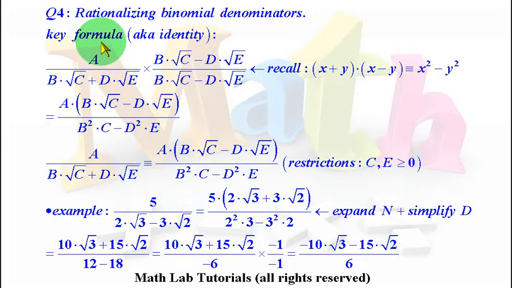Here's the key formula for this problem set to follow, aka identity. And we actually developed this identity. When you see an expression of the form a all over b root c plus d root e, you can always multiply top and bottom by the conjugate of the denominator. You'll recall that if we have an apple plus a banana, the conjugate of apple plus banana is apple minus banana.